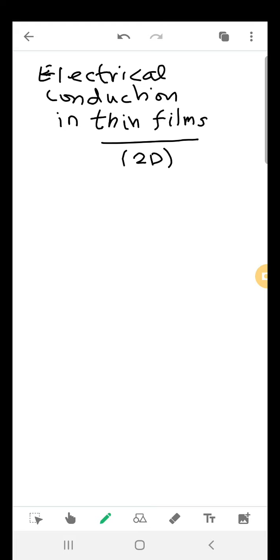So the transport properties, or the electron conduction properties, are a very important part of nanoelectronics when we are dealing with electrical conduction in thin films.